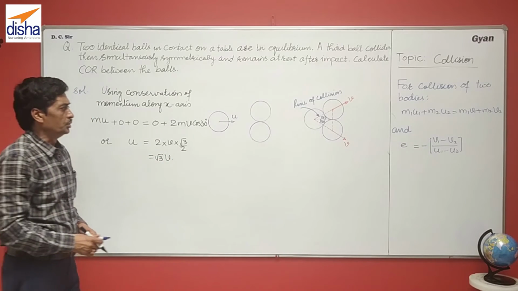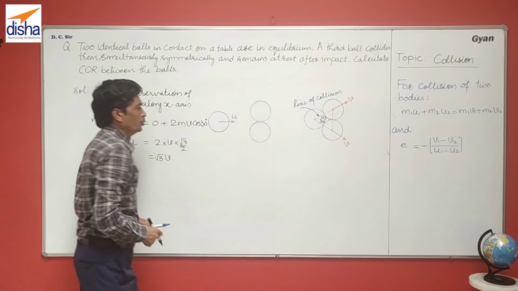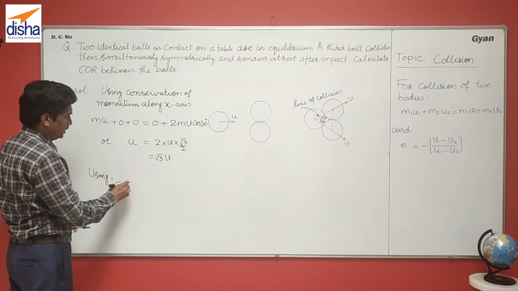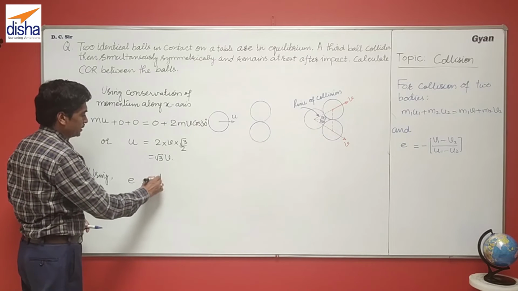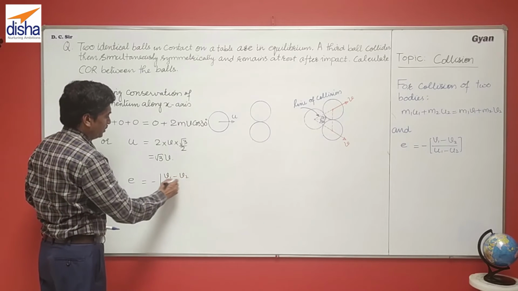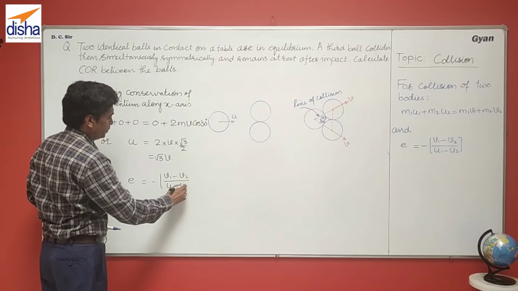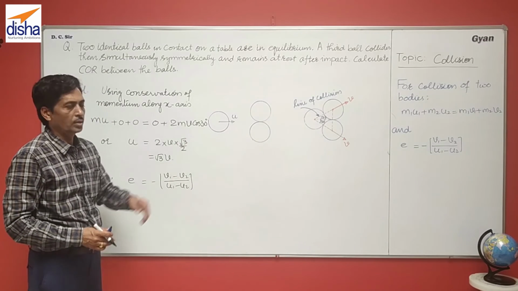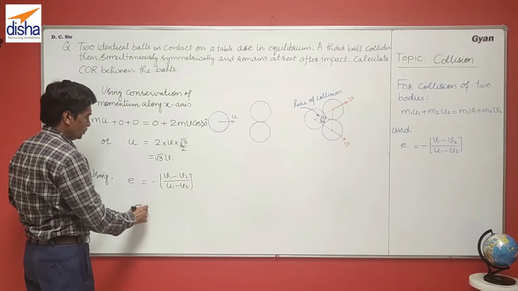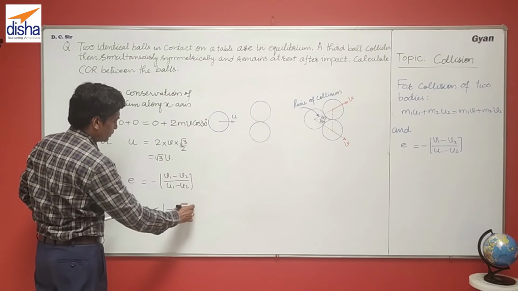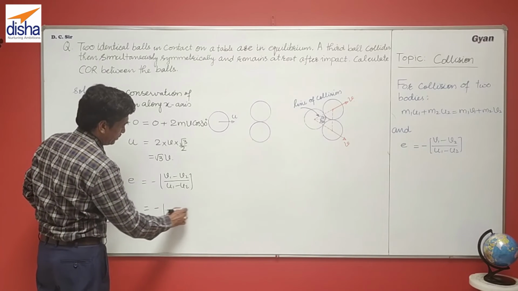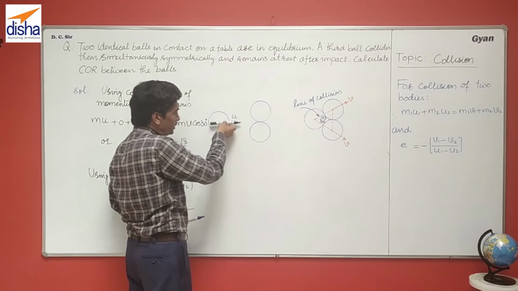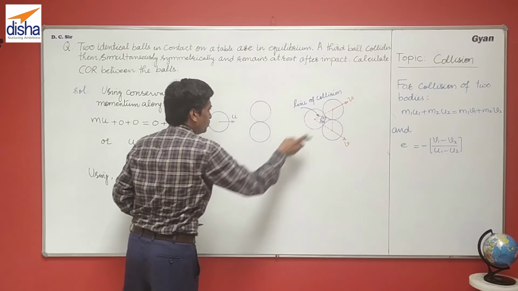Now using the equation of coefficient of restitution, e is equal to minus (v1 minus v2) upon (u1 minus u2). Here the velocities are along the line of impact. So we can write the velocity of the first ball before collision in this direction, since it is u, as u cos 30.